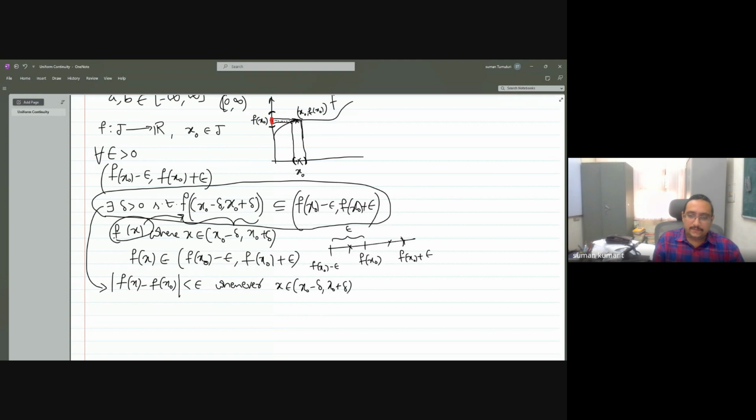Again, if I use the same argument, I have x naught here, x naught minus delta here, x naught plus delta here. If x belongs to this interval, x could be here or here, whether it is on the left or the right of x naught. So what I can say is modulus of x minus x naught is less than delta.